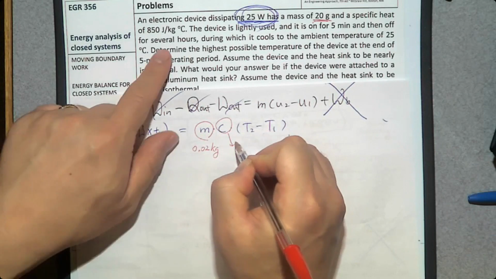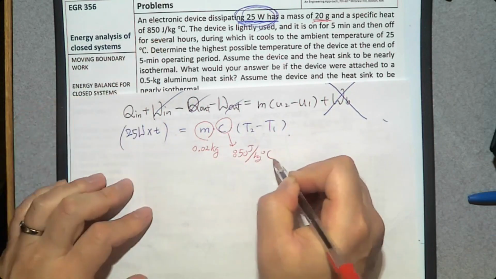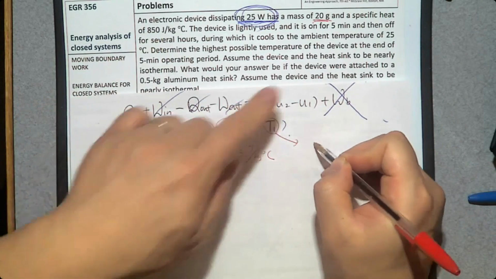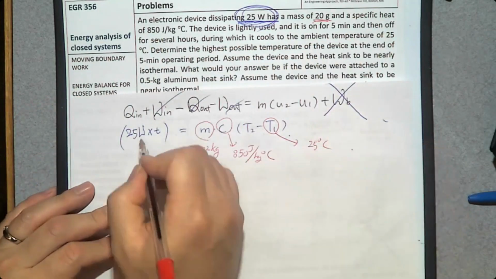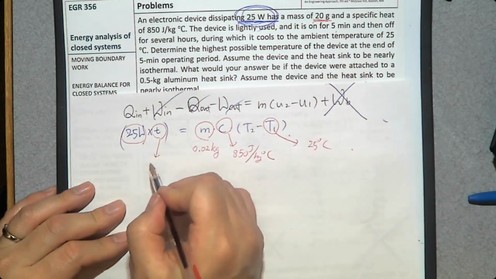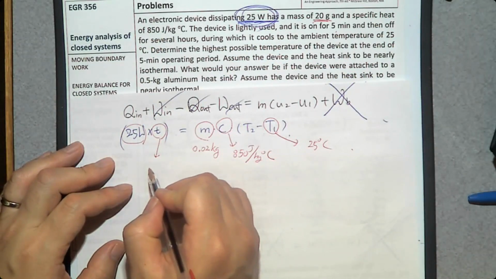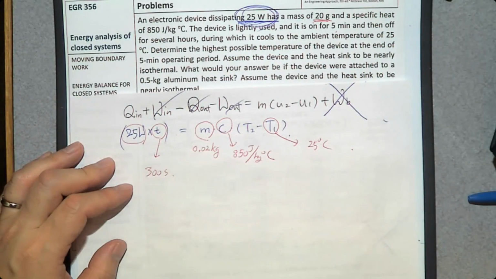Specific heat is known, 850 joule per kilogram degrees Celsius. The initial temperature is 25 degrees Celsius and 25 watt times T, 5 minutes. So 5 minutes, 1 minute is 60 seconds, 300 seconds. So we have everything.